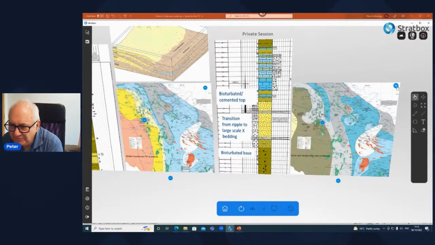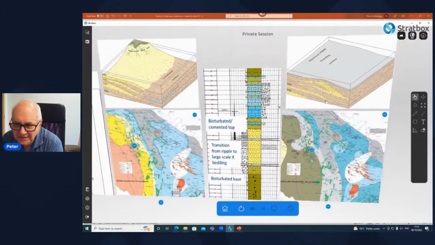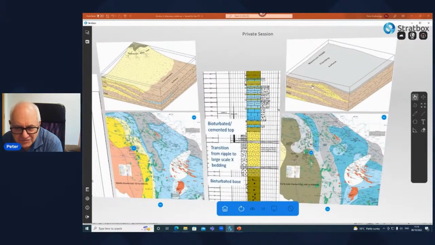So this is the general depositional setting, where we get these transgressive sandstones, sand bodies, progressively reworked and then drowned, and then the maximum flooding comes on top.